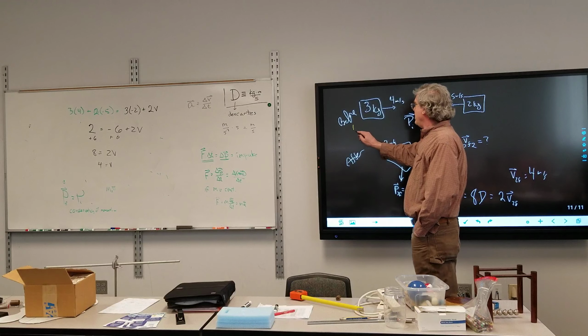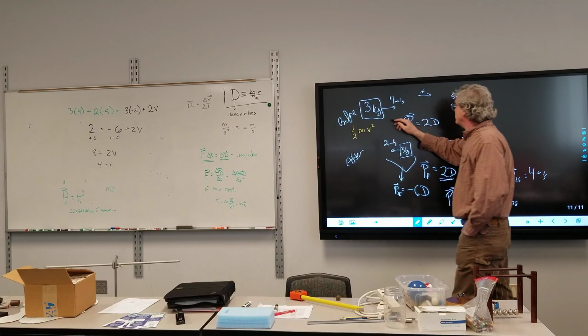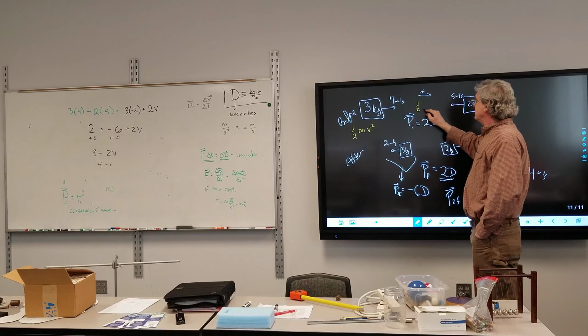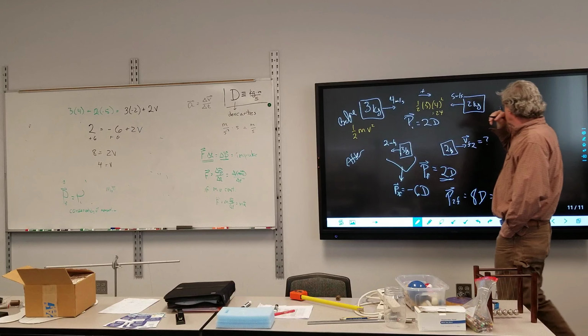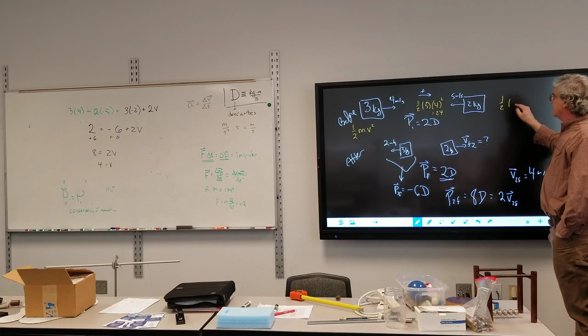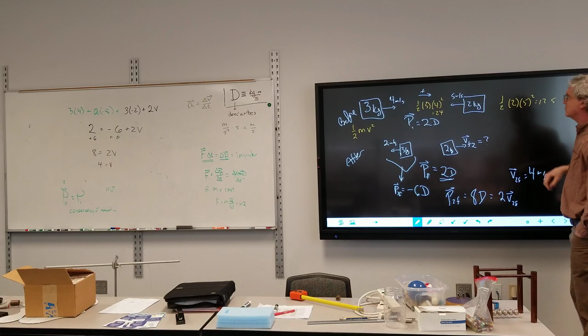All right, so I've got 1/2 mv squared. For this one, it's 1/2 times 3 times 4 squared, which is 24. This is 1/2 times 2 times 5 squared, which is 12.5.